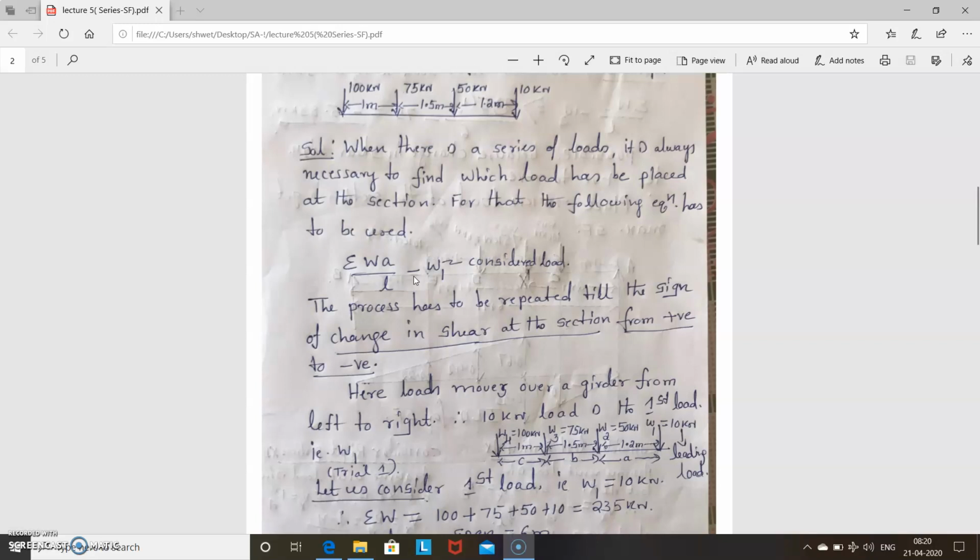You have to go to the next load. There also, if you get a positive value, you cannot take that either. You have to continue till you get the change in shear, meaning you get a negative shear force. Okay, so we'll see this problem.